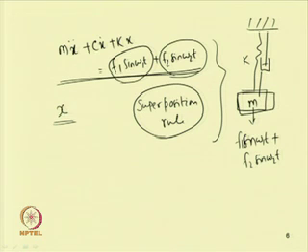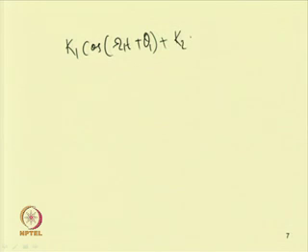When two different forcings act on a system, we can add them, and sometimes we may write it this way. Let a force k1 cos of omega 1 t plus theta 1, plus k2 cos of omega 2 t plus theta 2, act on a system.